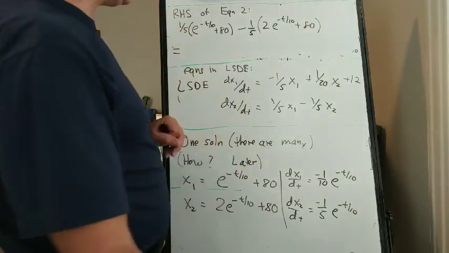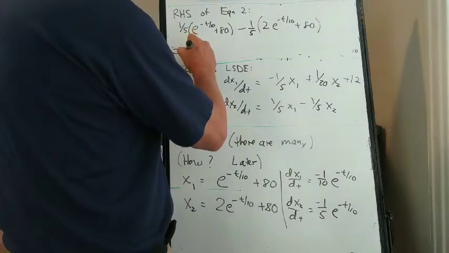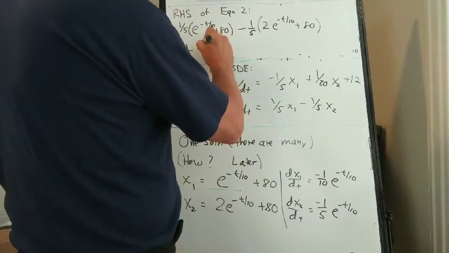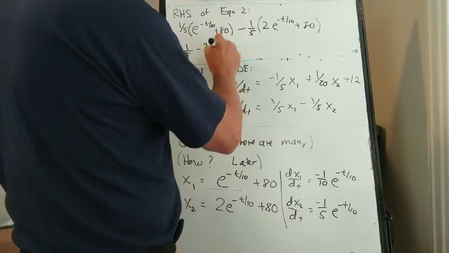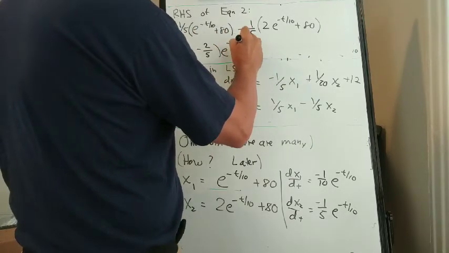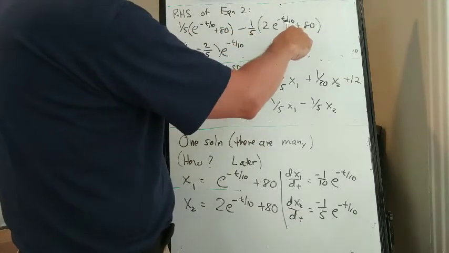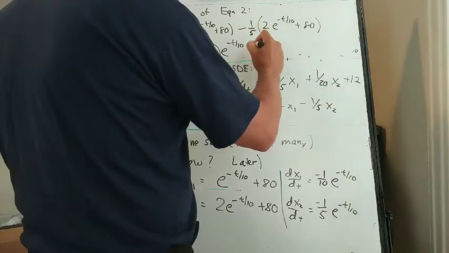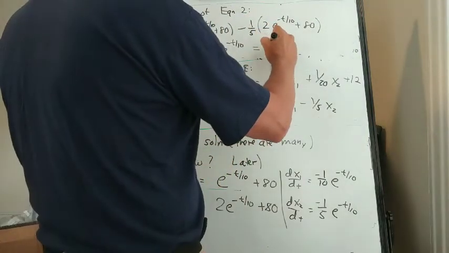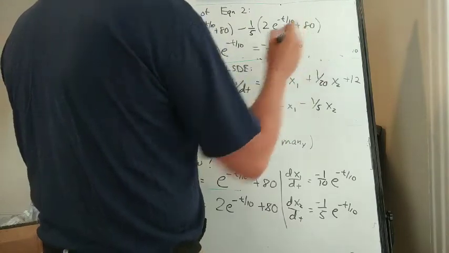We look at e to the negative t over 10, we've got 1/5 of them here, minus 2/5 e to the negative t over 10, and then 1/5 of 80 minus 1/5 of 80 is 0. So this turns out to be 1/5 minus 2/5, which is negative 1/5 e to the negative t over 10.